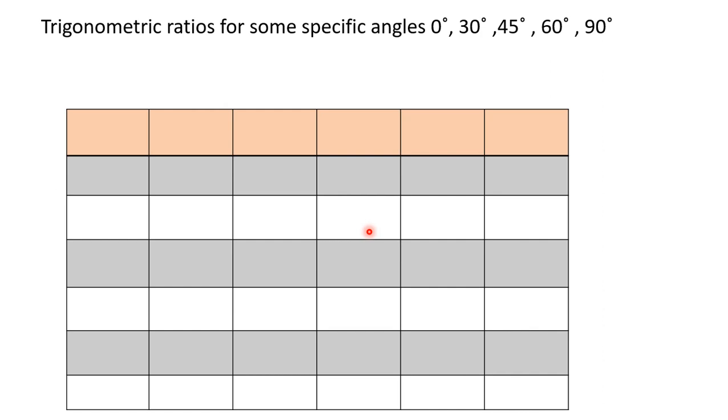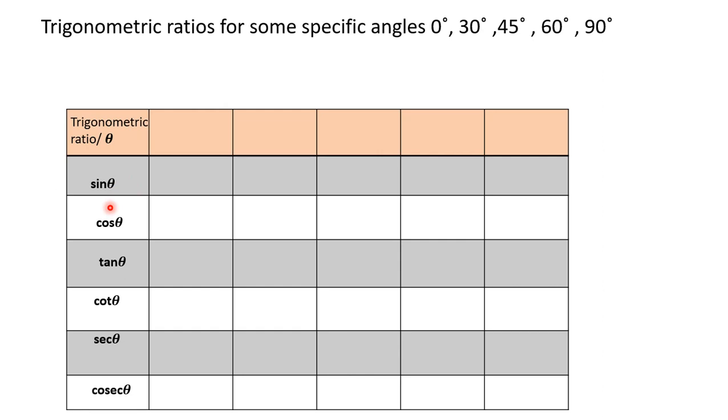For this we generate a table, so it will be convenient for us to remember all the values of these specific angles. First, in this table, the values we have to find are sin theta, cos theta, tan theta, cot theta, sec theta and cosec theta.